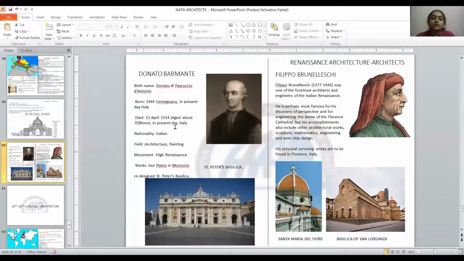And Donato Bramante is the architect of St. Peter's Basilica. In case you want, you can take a screenshot and use it for your reference. In further slides, you'll have many buildings there, and the architects are also mentioned.